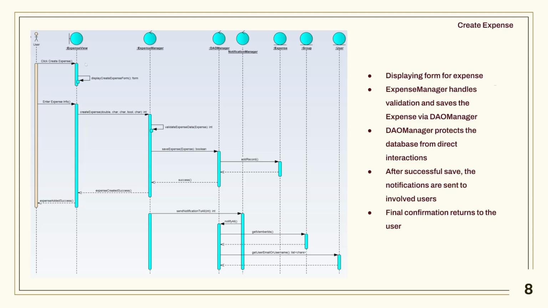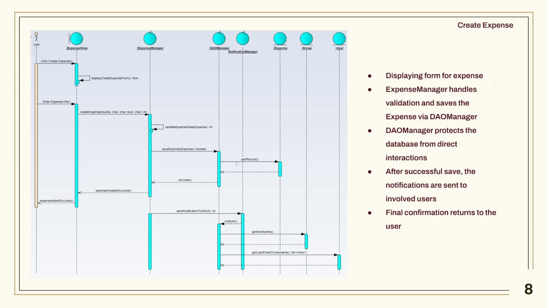After the expense view gets that, it will create that expense through the expense manager. The expense manager will validate the data, and if it's validated, it will send that to the DAO manager to save, which will interact with the database tables.